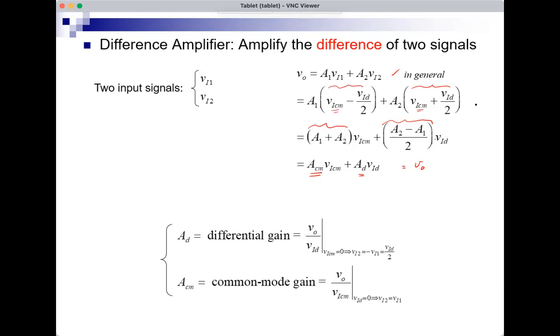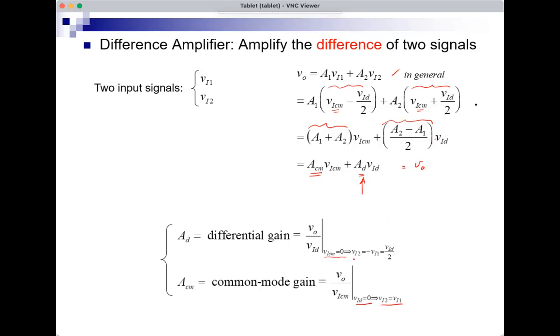And if I want to directly define AD, it is VO over VID when VICM is 0, when the average is 0. And ACM is VO over VICM when the difference is 0. If the difference is 0, it means that the two inputs are equal.